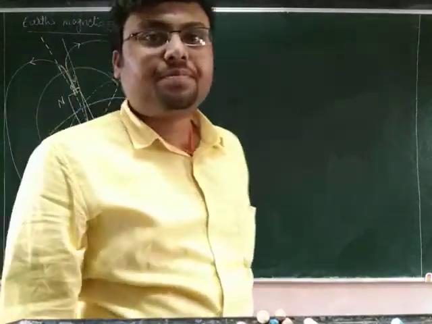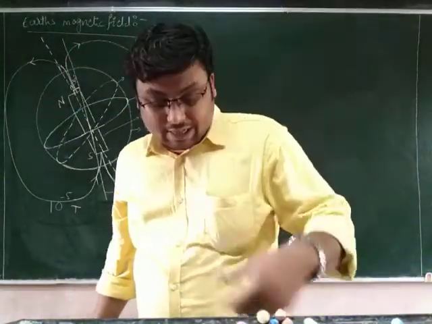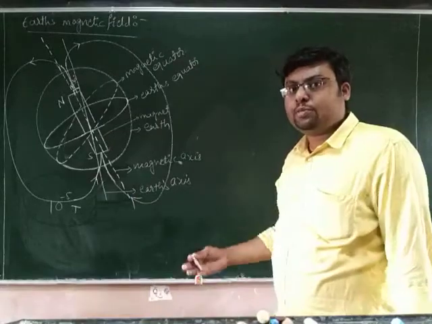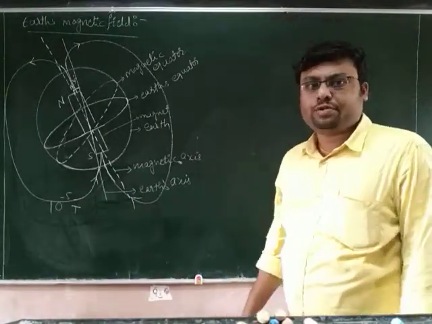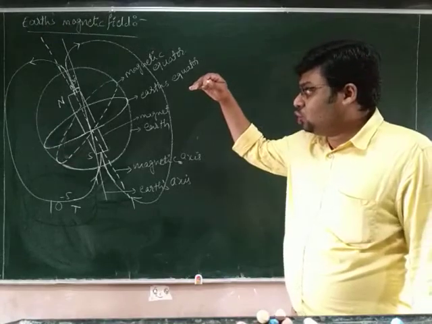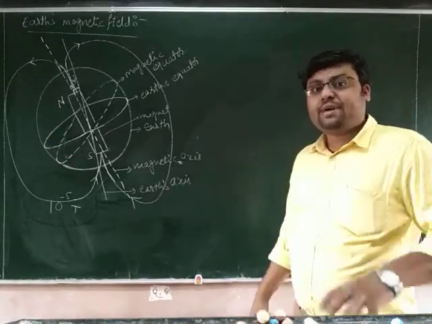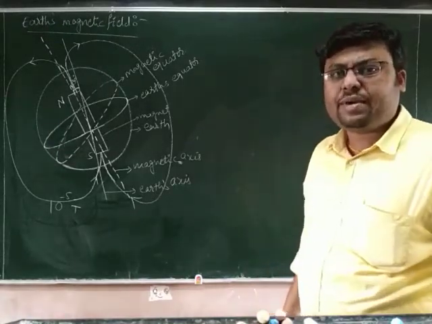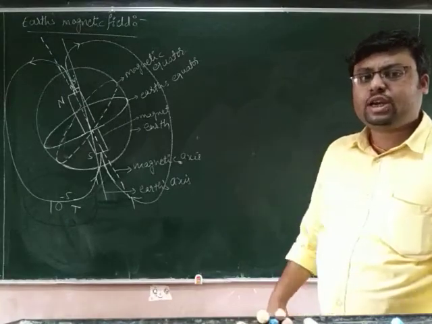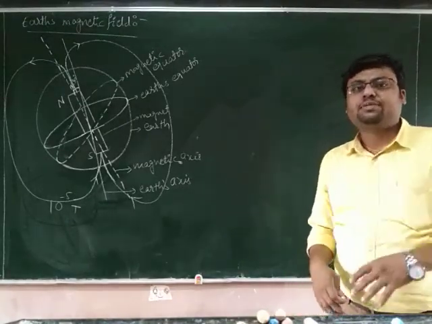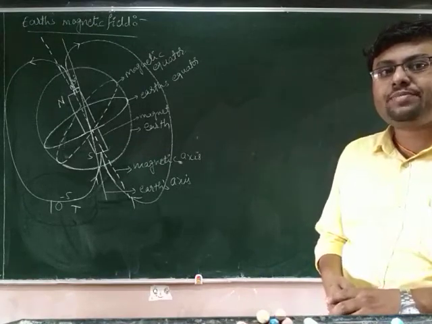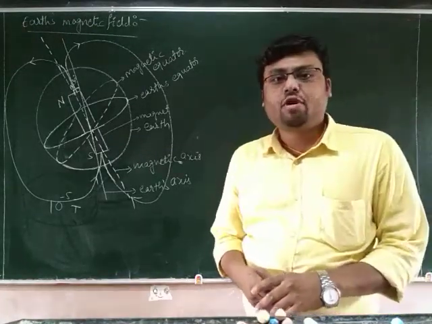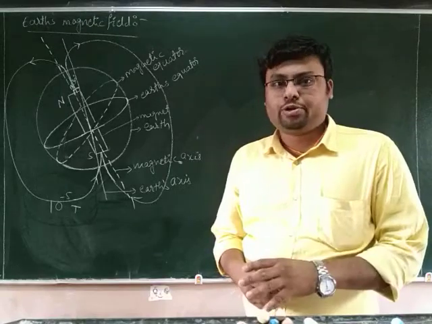Is it clear? Then here, this imagined huge buried magnet has its north and south poles, and those magnetic poles were approximately 2000 kilometers away from the geographic poles.